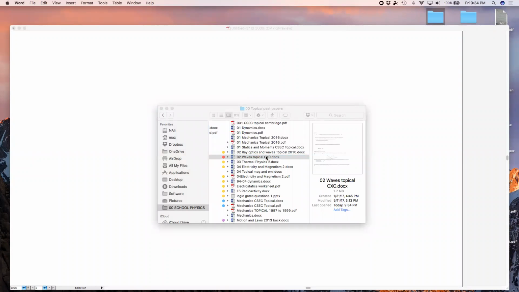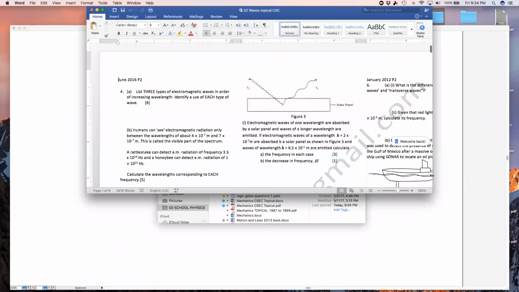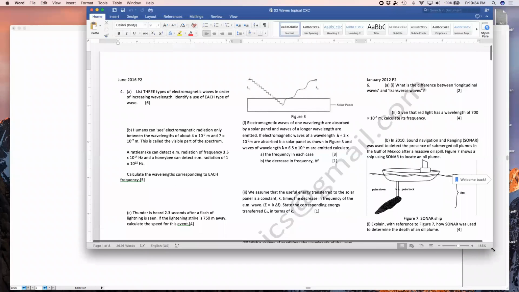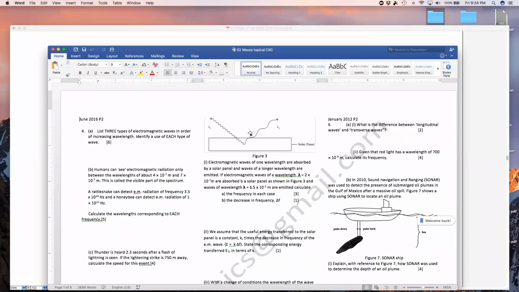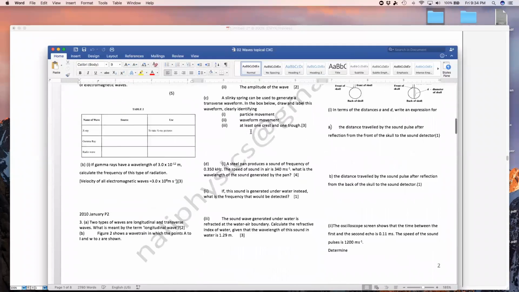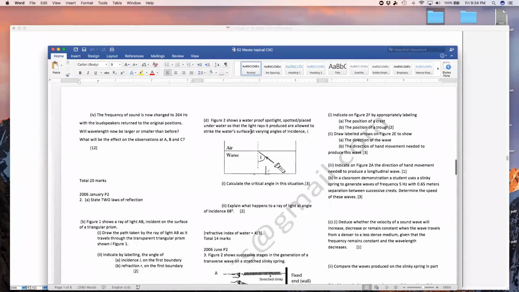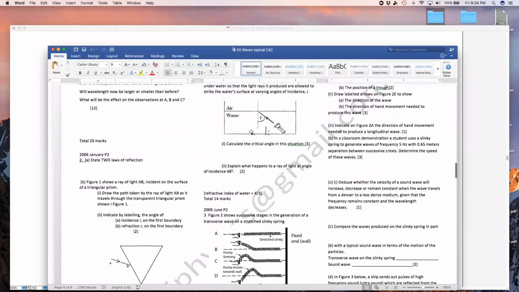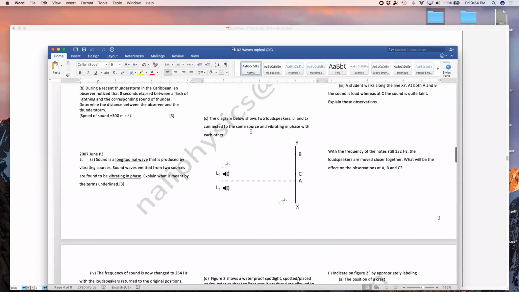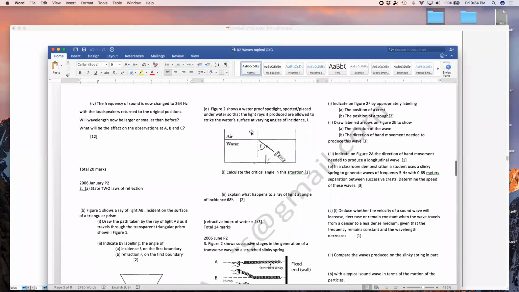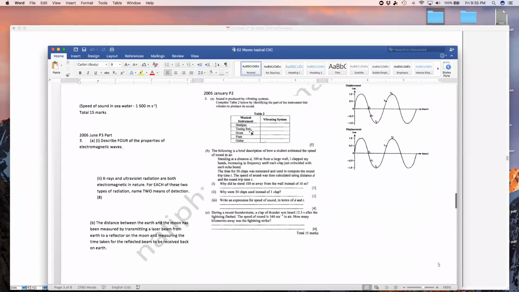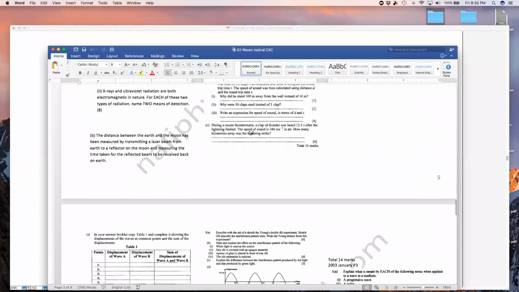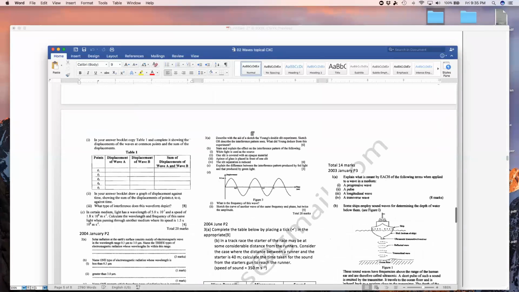Any waves question you tried and you had trouble? This is the worksheet that I'd given you, right? But any waves question you tried and you had trouble with? This one only goes up to what? 2000. Doesn't matter. Anybody hear me? Yeah, all right, I heard one response.